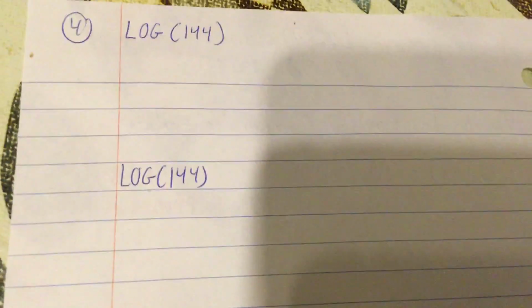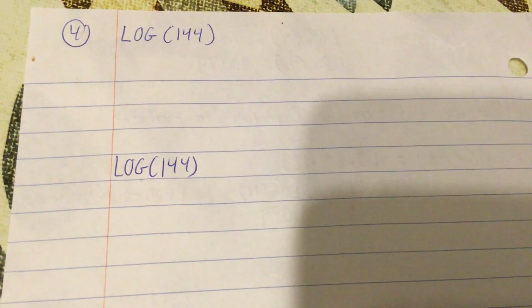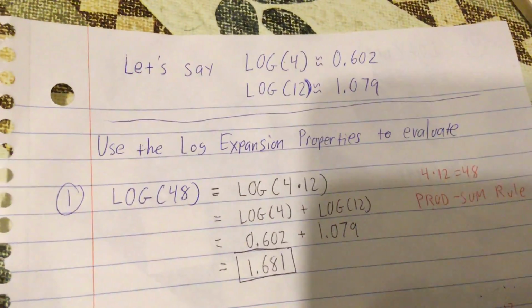Okay, turn the page. Well, I know log of 4 and I know log of 12. How do you think I get log of 144? And again, I just showed it in 2 ways. Let me just check really quick. Log of 12 is 1.079.